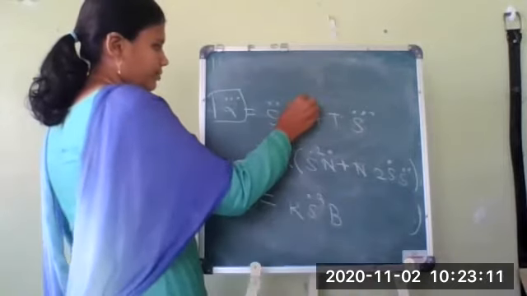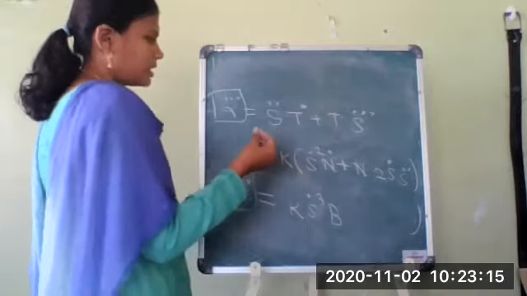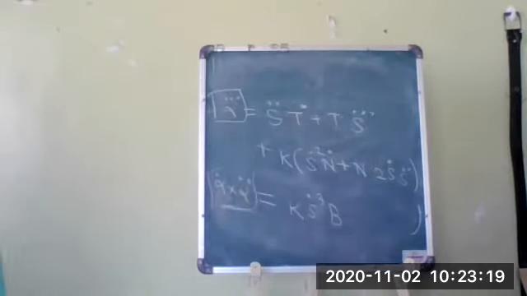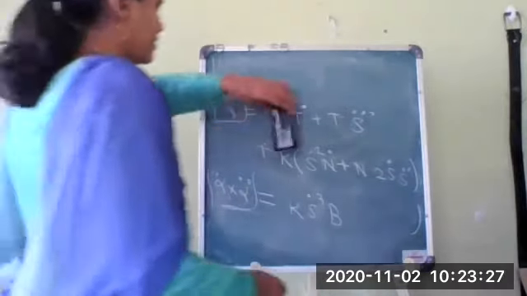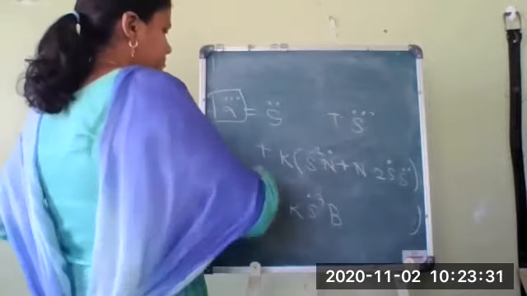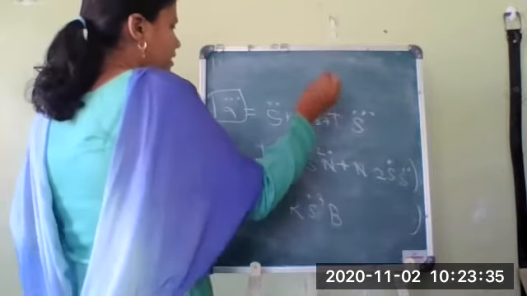Now if you see here there is a T dot. We have obtained the formula for T dot, it is K N s dot. So instead of T dot I can write K N s dot.